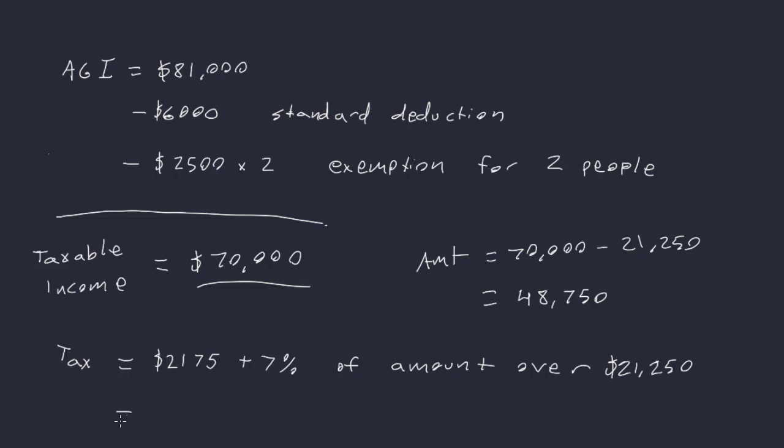So the tax is going to be 1275 plus 48,750 times 0.07. Sorry, I just realized I had copied that as 2175, not 1275. I apologize for that.